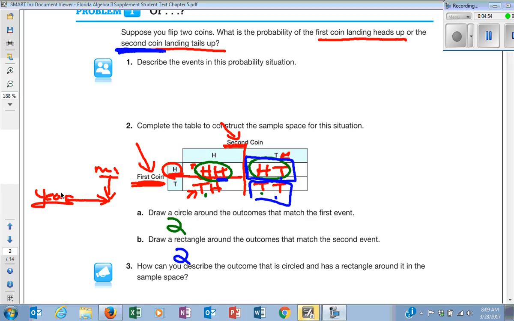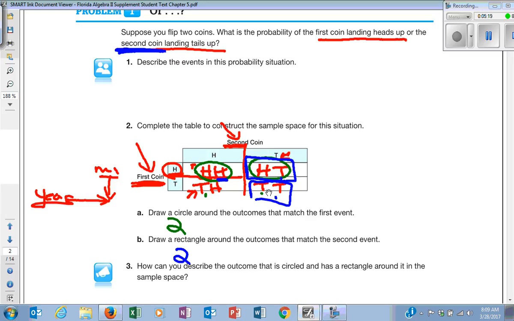If I add those together, how many events does it look like make it true? It looks like there's 4. Are there really 4 events up here that make this true? There's only 3.